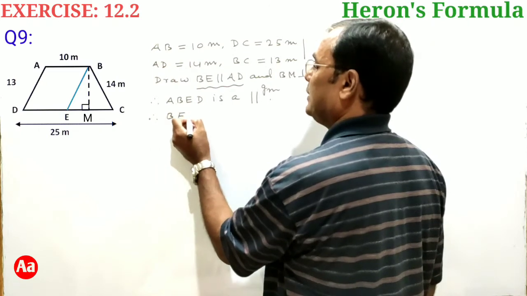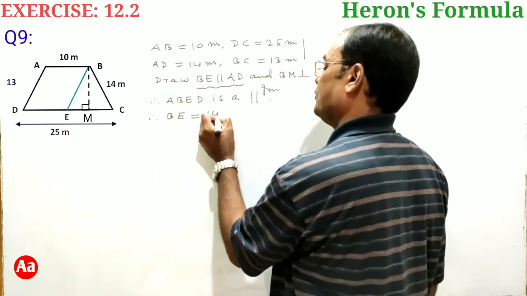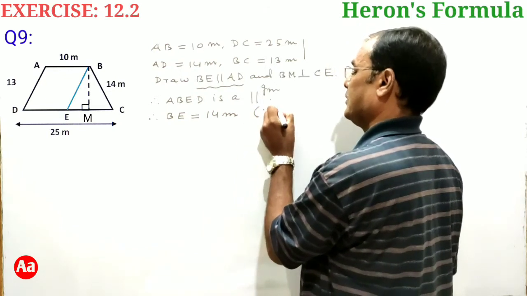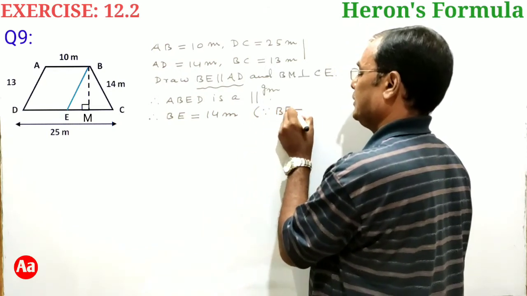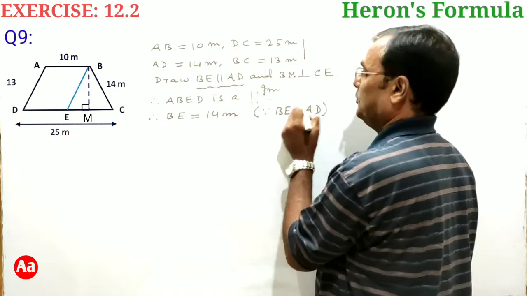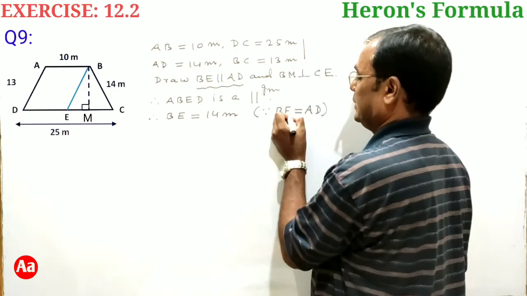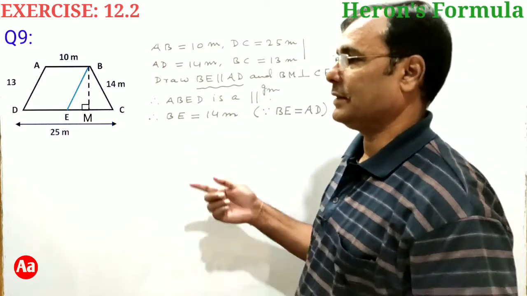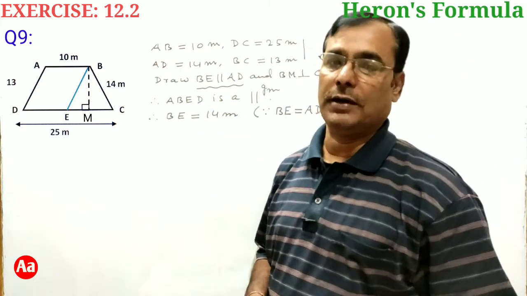So BE we can write 14 meter, BE equal to AD, being opposite sides of parallelogram ABED, as opposite sides of parallelogram are equal.